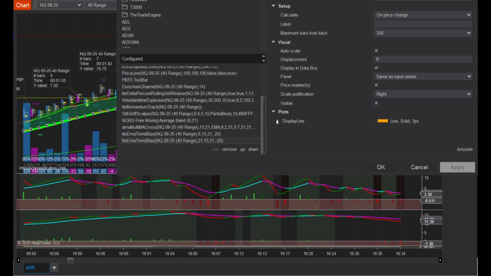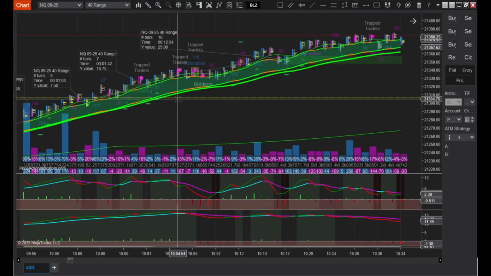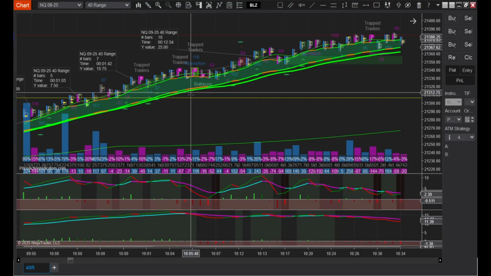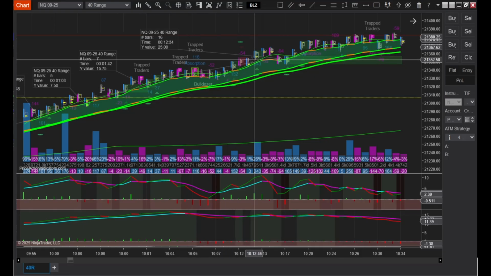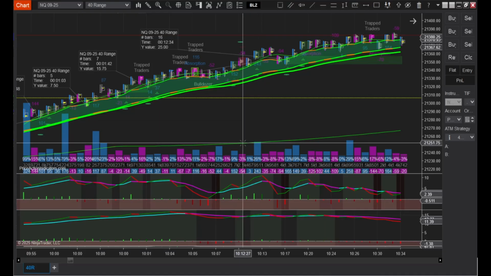Online, it says display line width. I have set to 3 for the 21. The 8 I have at 2. Since those are 1 and our curve line is actually set to 4. So at least it's 1, 2, 3, 4 in width. This one's back to 1.